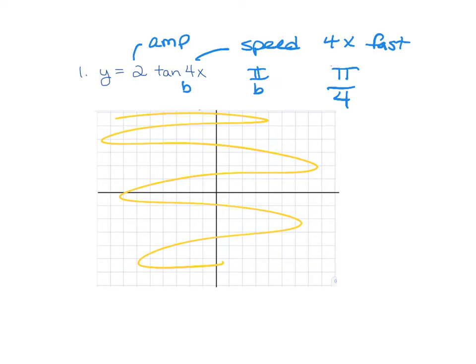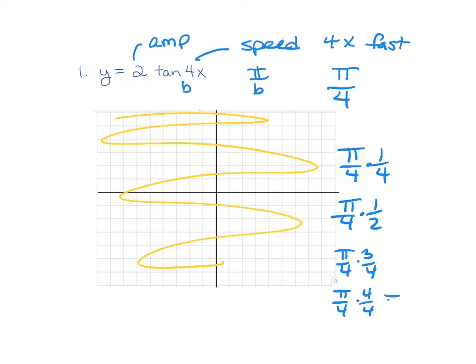Now again, we need to get the 4 points. So again, remember, you're going to take pi over 4. You're multiplying it by 1/4. Essentially, it's 2/4, which is 1/2. Pi over 4 times 3/4. And then lastly, pi over 4 times 4 over 4, which is what we're actually starting with.